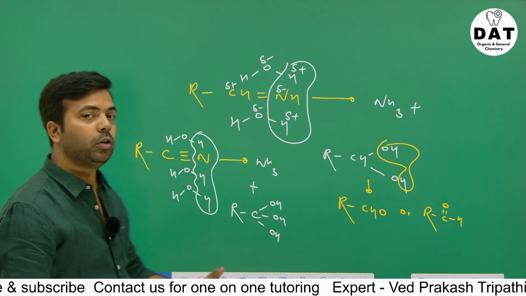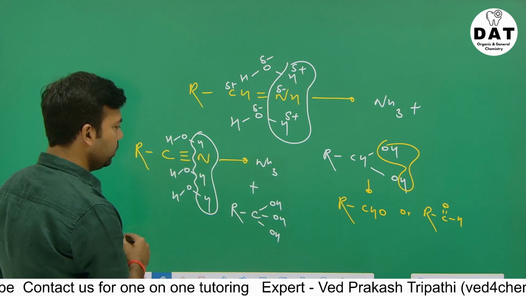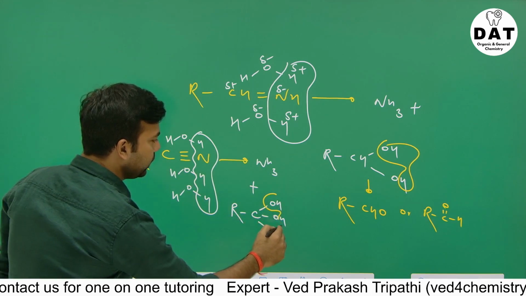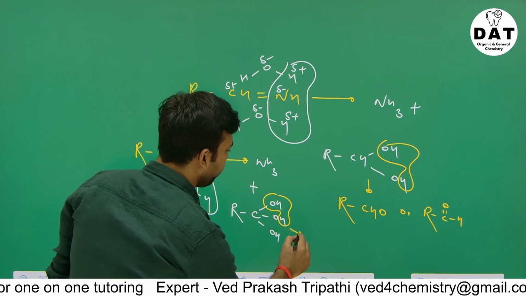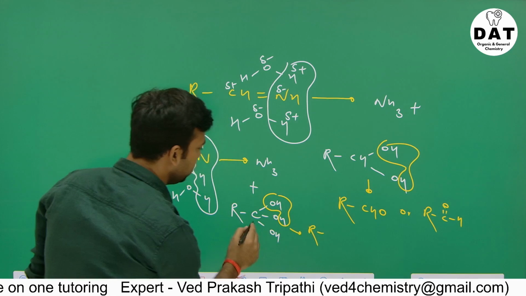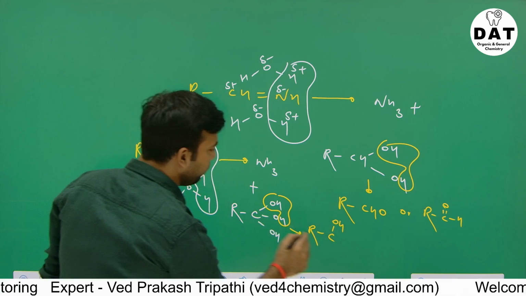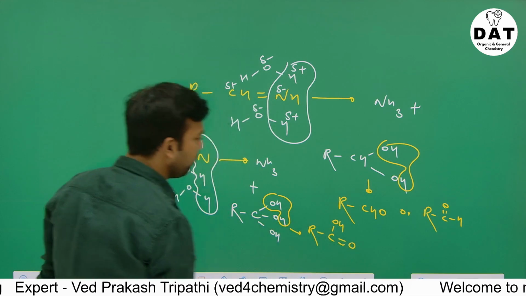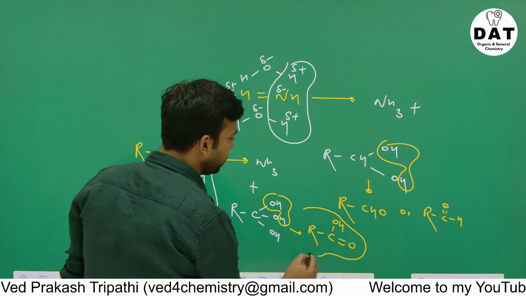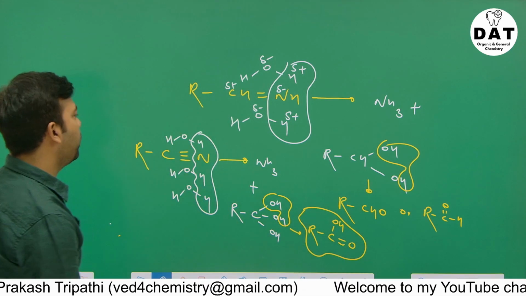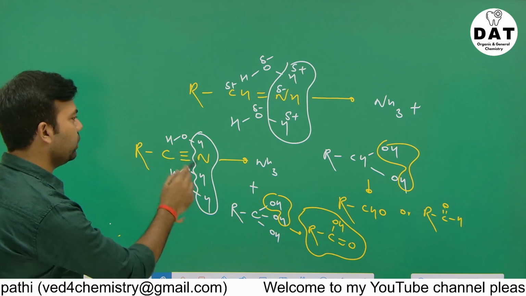Again we remove a water molecule because it is unstable, OH and H. So it will be R, C with an OH, and the oxygen is double bonded because carbon valency is 4. So you can see this is a carboxylic acid. Whenever you hydrolyze a cyanide, it gives you a carboxylic acid in place of CN. Make sense?